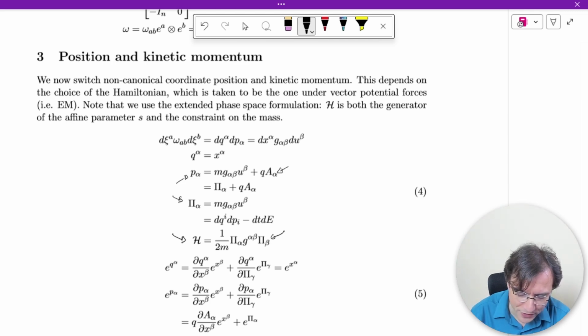And I have to warn you, this is not your typical Hamiltonian. This is sometimes called the Hamiltonian constraint. It's kind of the proper way to do Hamiltonian mechanics in the extended phase space, a phase space that is not just position and momentum, but has position, momentum, time, and energy.